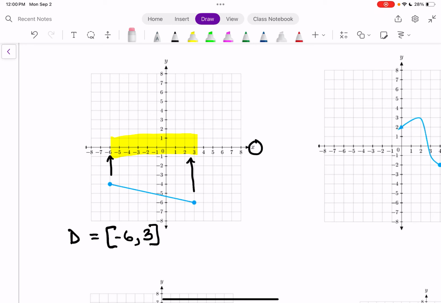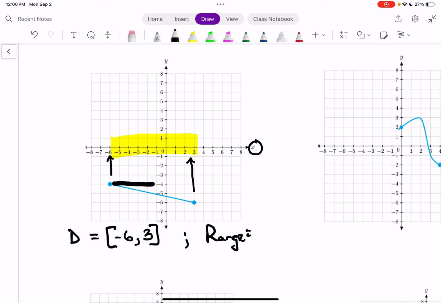Now, when you look at the range, I'm going to write R for the range. The range is the y values, right?